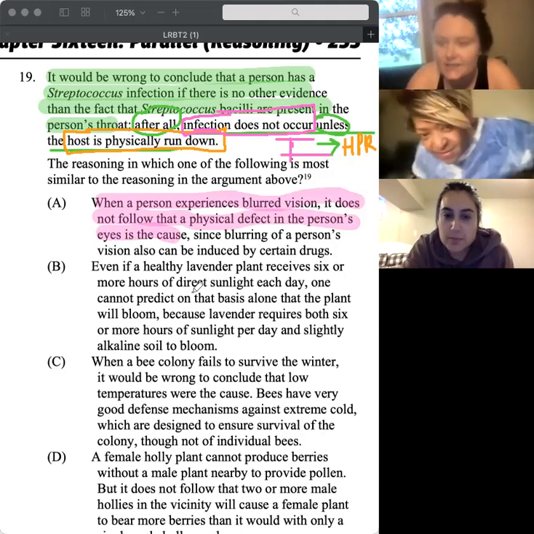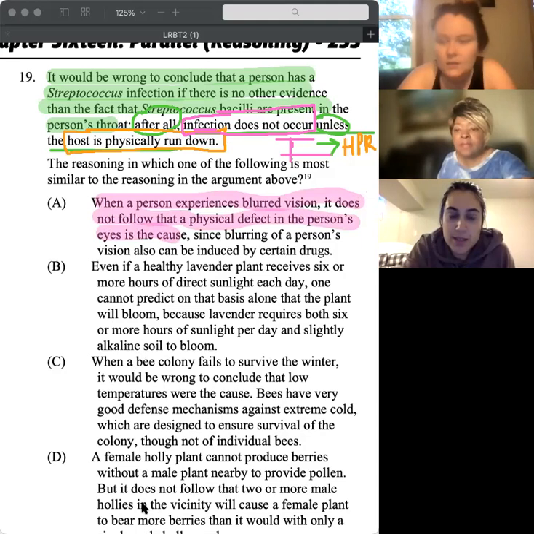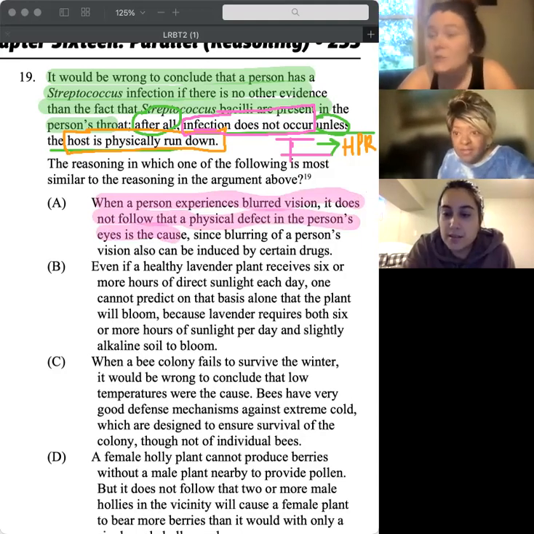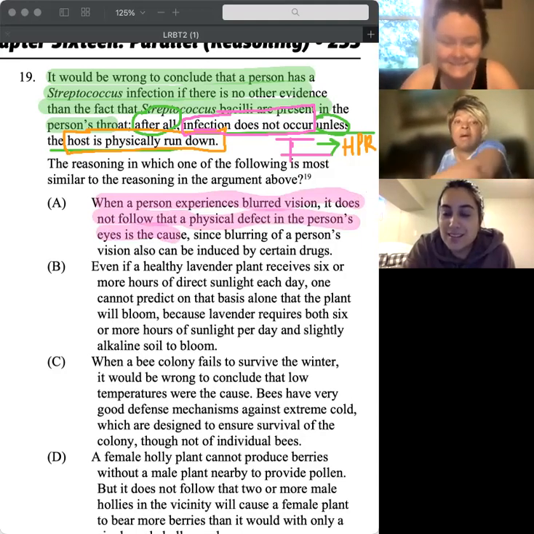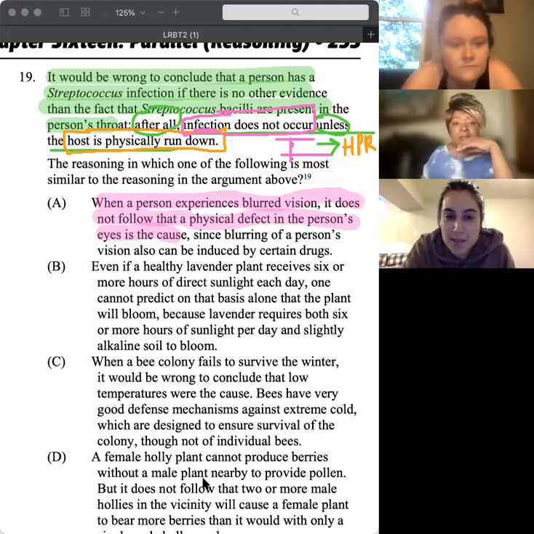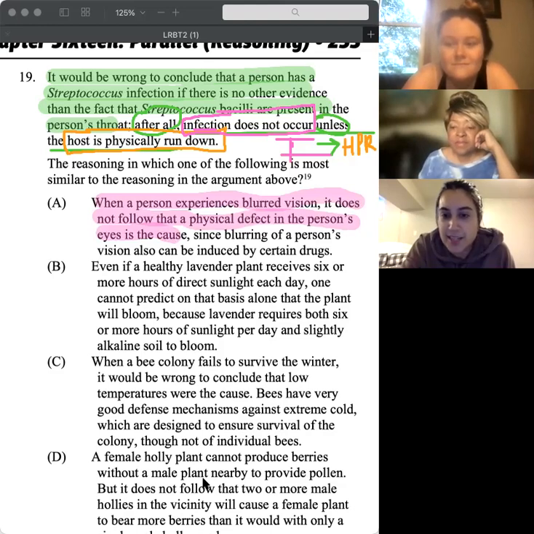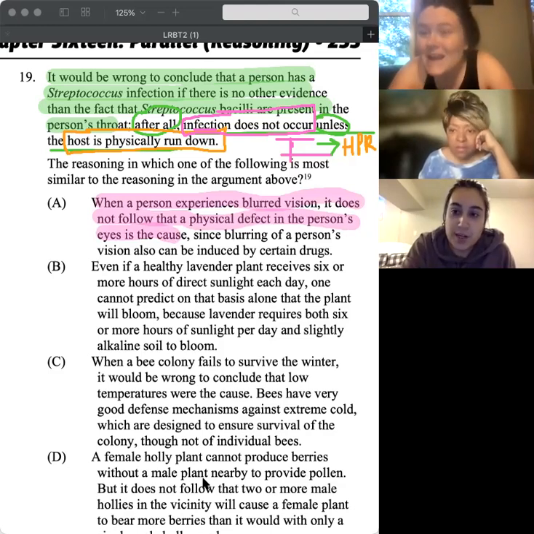Do we like this as an answer? I don't. Why don't we like it? I don't like it because the last sentence is not a sufficient-necessary for the reason. For the first, we have no necessary condition.